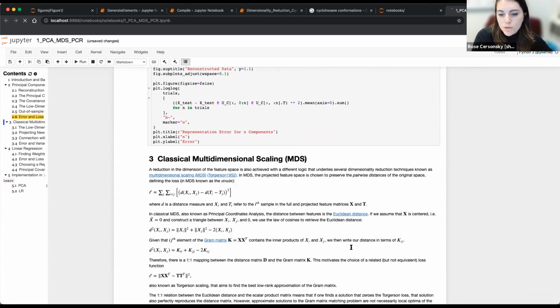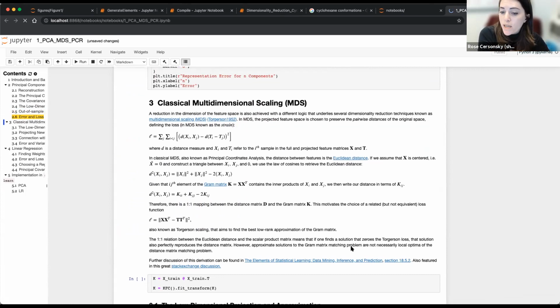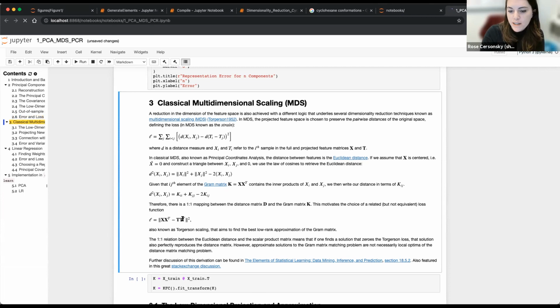So what I'm going to do is scroll down a little bit because I didn't get to go to MDS that much. But what's really cool about MDS is in classical MDS, where we use the Euclidean distance to represent our points, it will yield the same result as PCA. And the reason being is when we construct our loss function for MDS, it's this here.